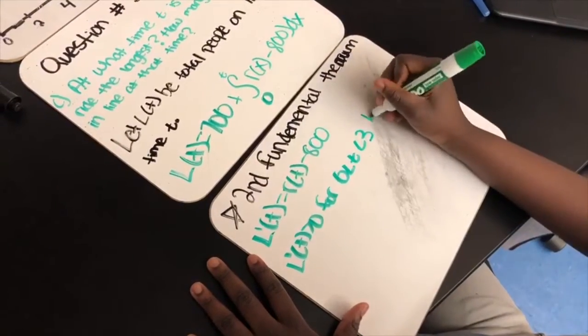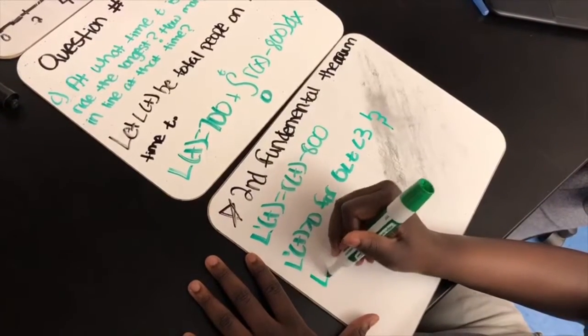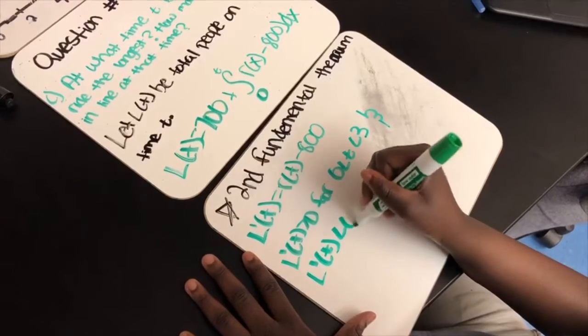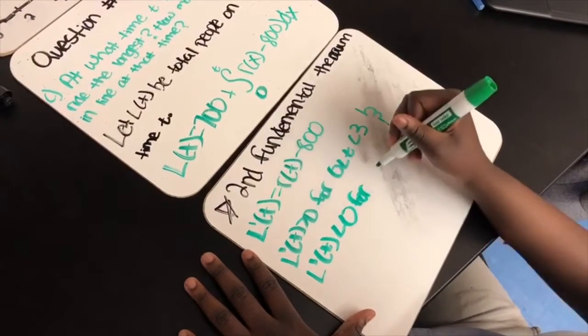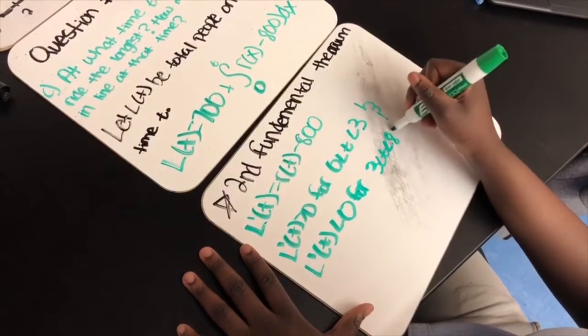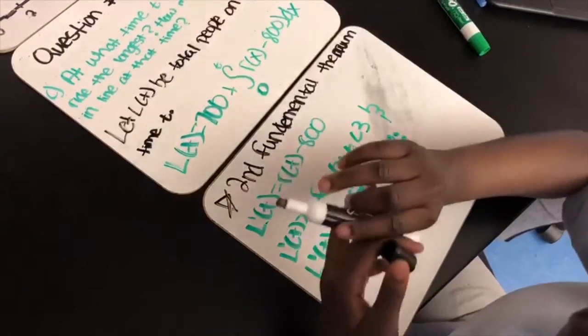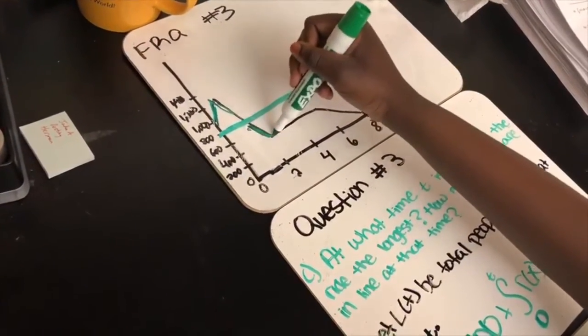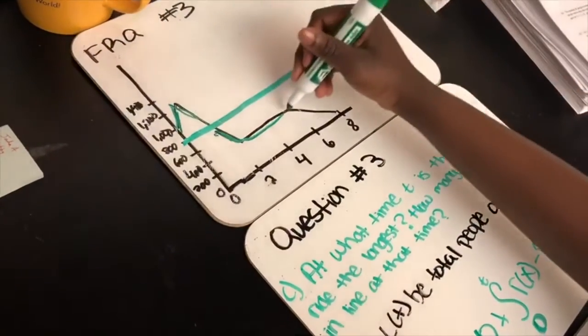And don't forget that L prime of t is also less than 0 for 3 less than t less than 8. Write that down, guys. And you see, I'm using the graph to help me out. The graph will always help you out with its critical points. So don't forget to use a graph for free response question number 3. Okay? Thank you. So, back to the problem.